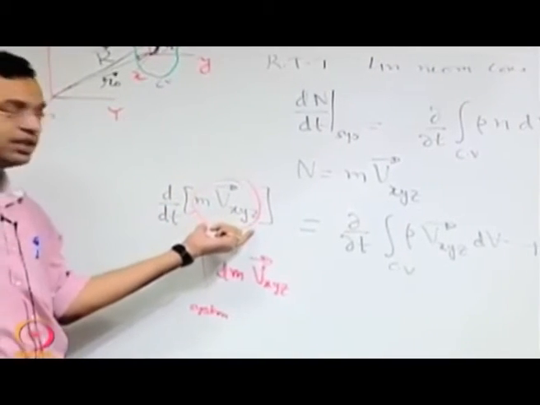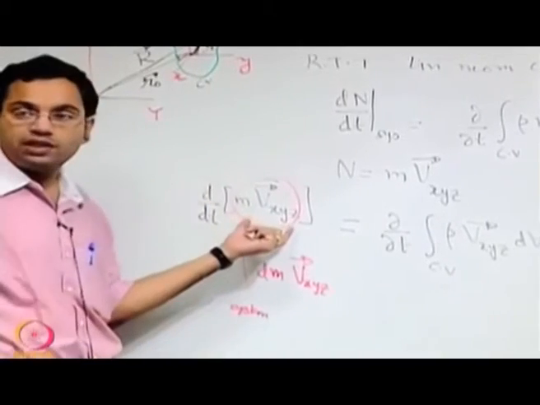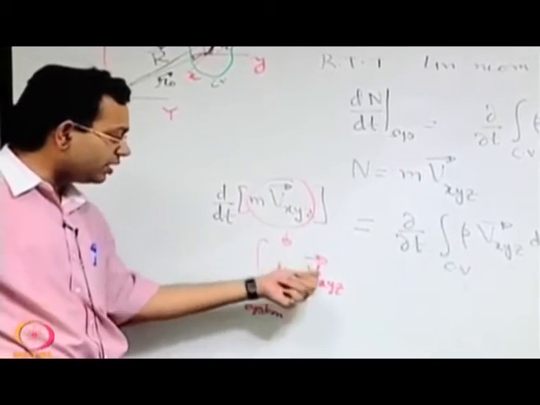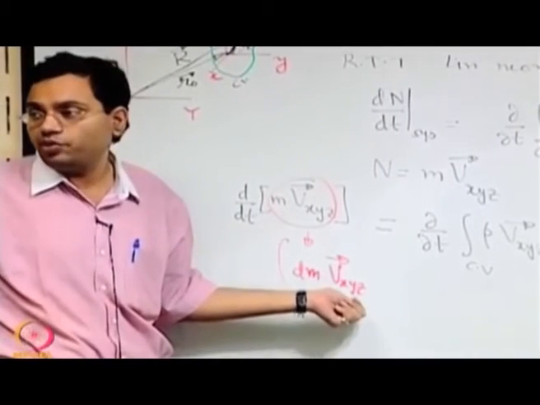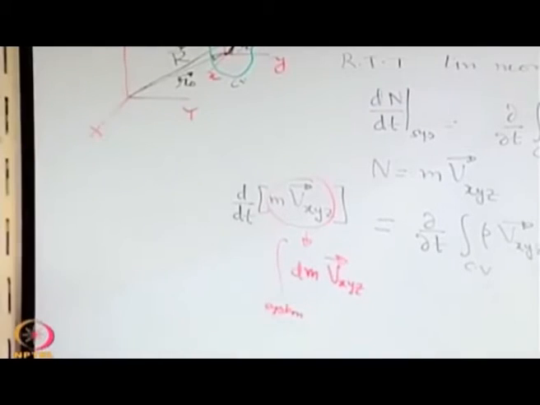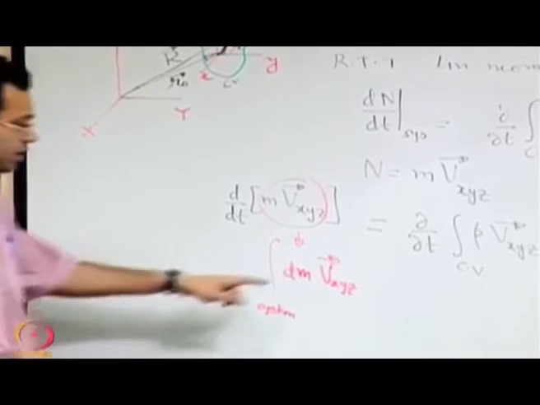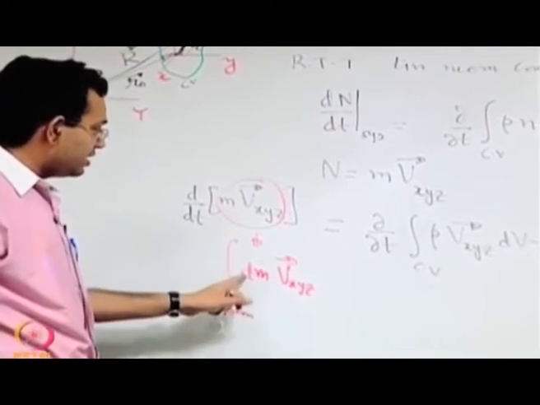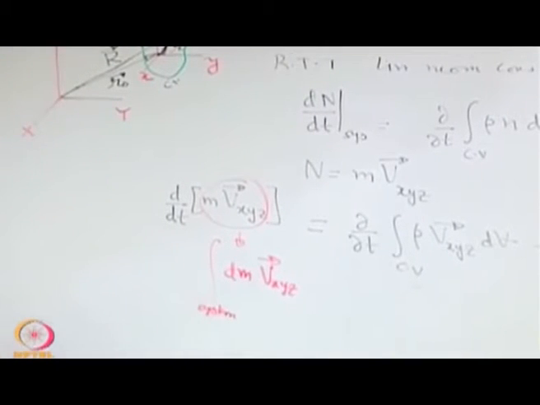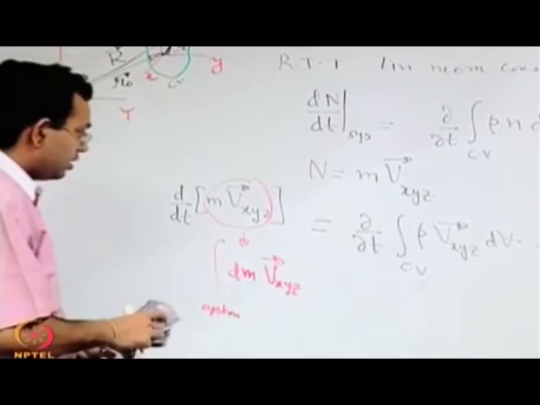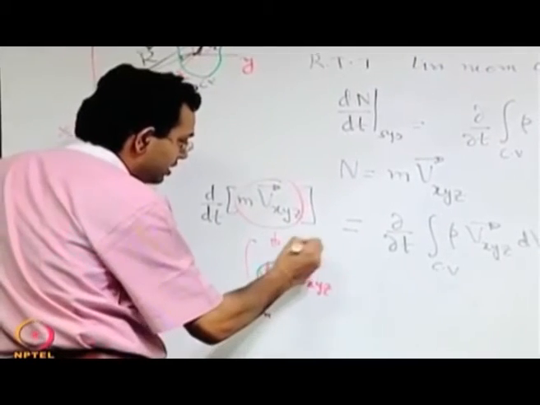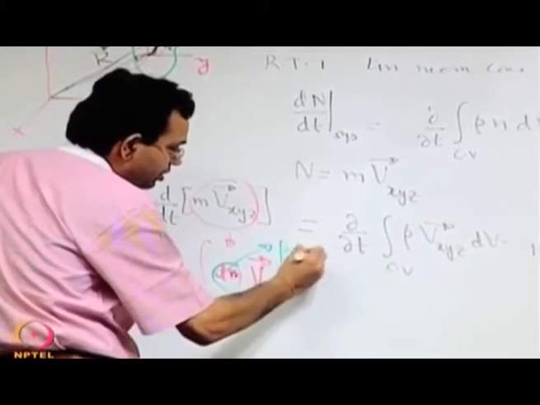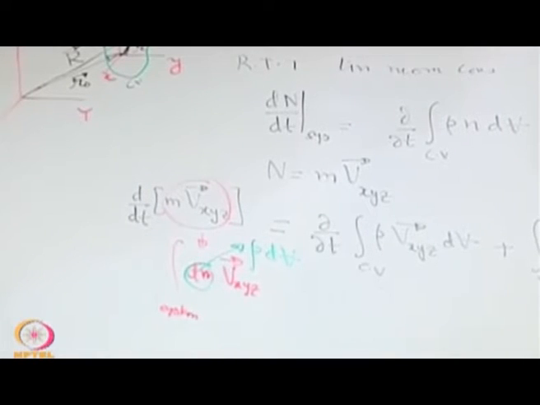So when you want to represent the total linear momentum, we should keep in mind that there could be different velocities at different points in the system. And then we may write dm, how do we replace dm in terms of the elemental volume? So this is rho into an elemental volume dV.